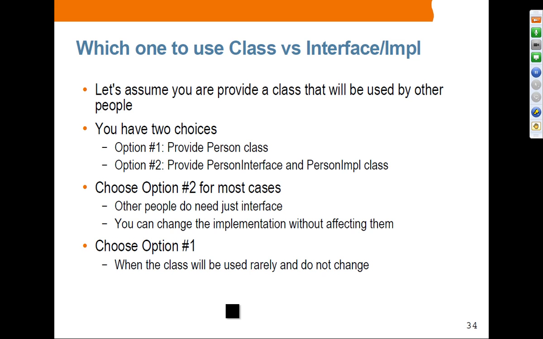So this is actually a pretty important aspect. And in fact, many libraries that you find out there will typically provide the library in the form of an interface and implementation combination, because of the benefits I just talked about.